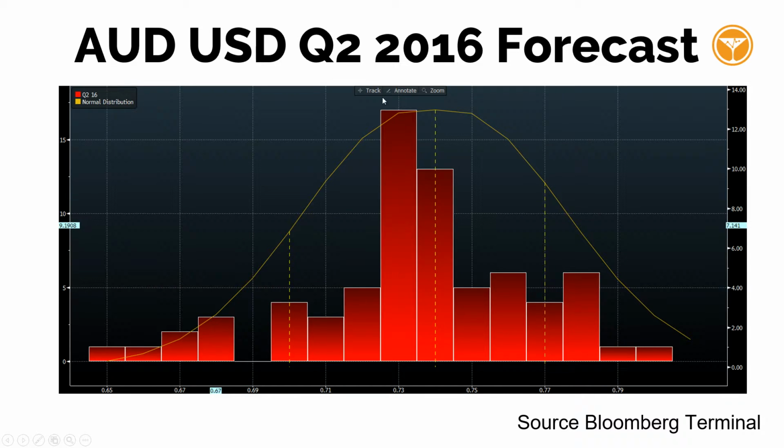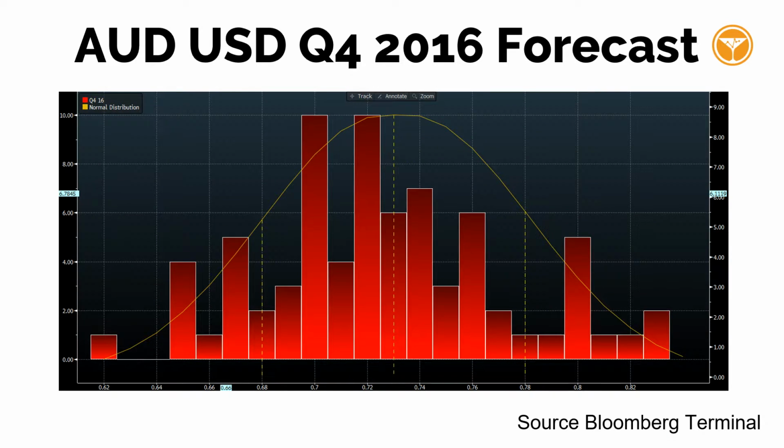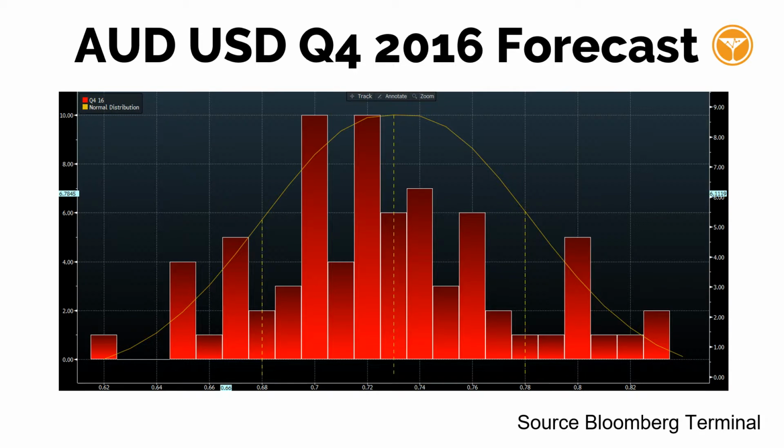But overall, it's really reaffirming that 72, 73. There's nothing like a 4-cent move to get people moving on there. Wow, nothing like a surprise interest rate decision. It definitely affected the quarter 2, and it's also affected the quarter 4. So this is the quarter 4 from last week, and this is the quarter 4 from this week. Actually a few people are bringing it up as the expectation here, but you can see a lot more centered around those low 70s.